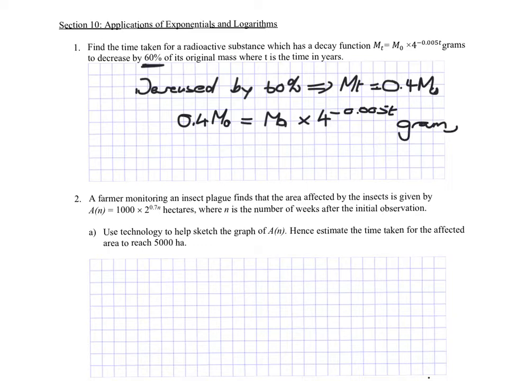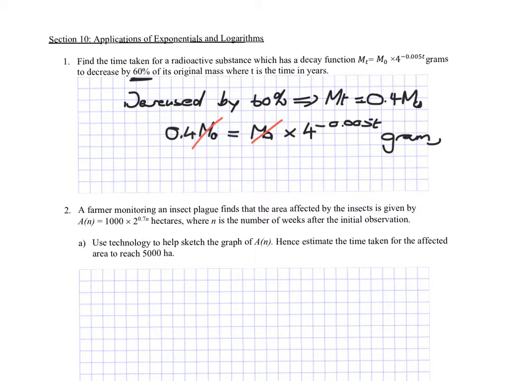What you should be able to see then is that we can just simply cancel out our m0s straight off. So what we get when we do that is that 0.4 is equal to 4 to the negative 0.05 t.